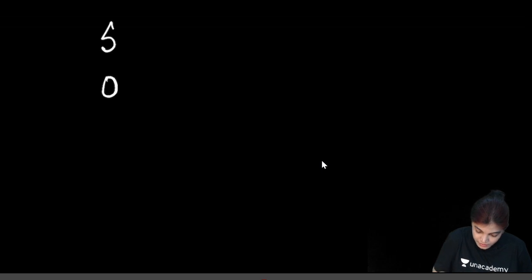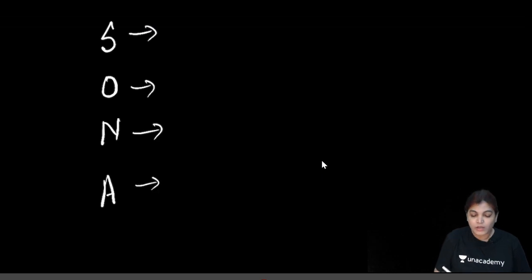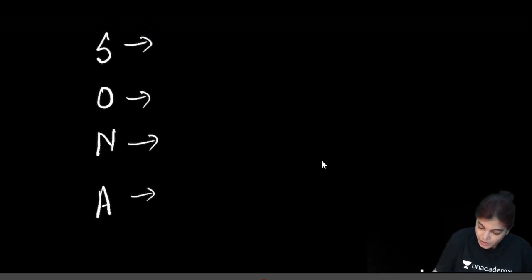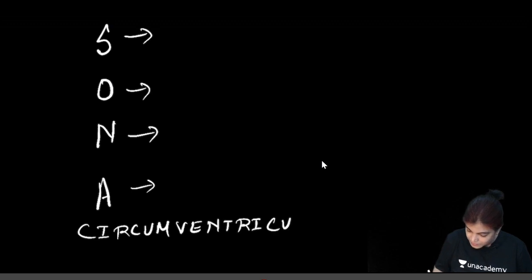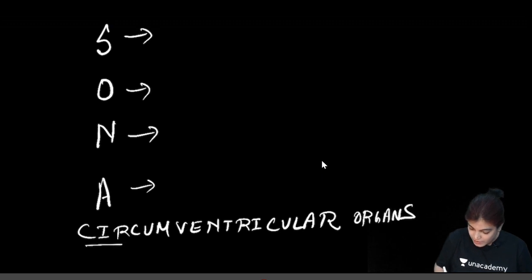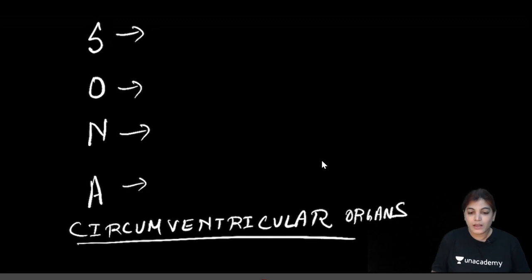We can remember those areas by a mnemonic, SONA. The structures which do not contain the blood-brain barrier are together called circumventricular organs.